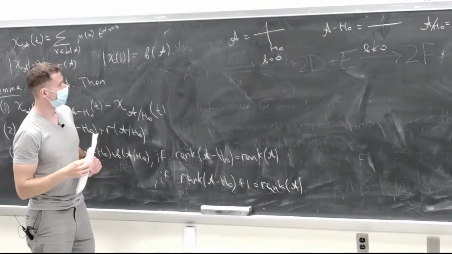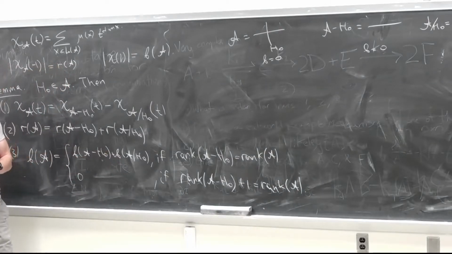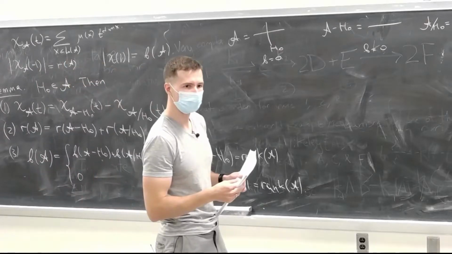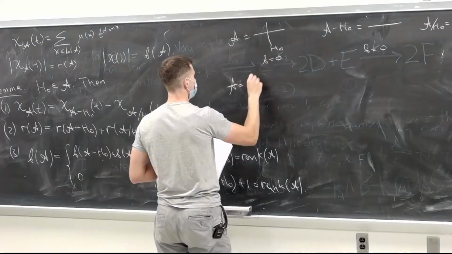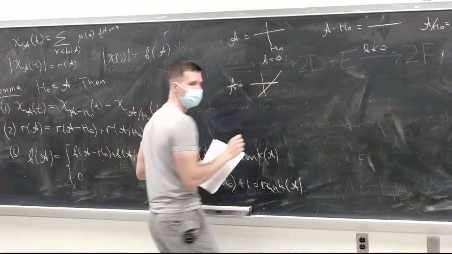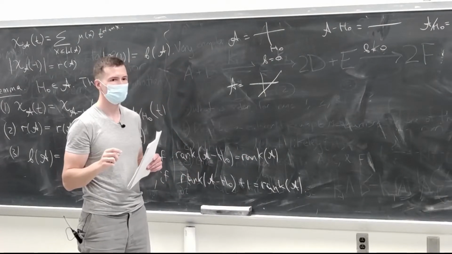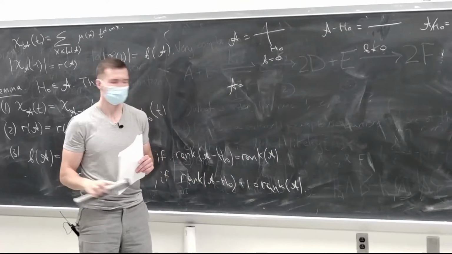Can somebody give me an example where this case still holds, but these numbers are non-zero? Oh, you want to add a diagonal thing here. Okay. Tic-tac-toe.